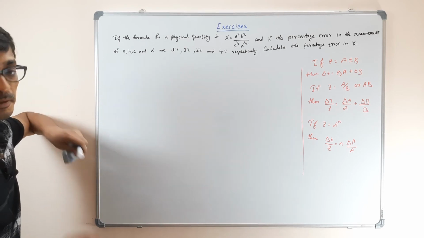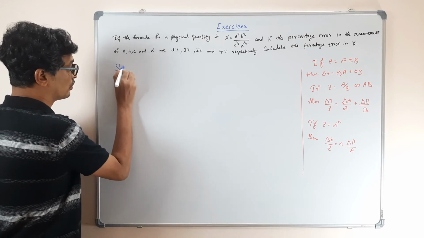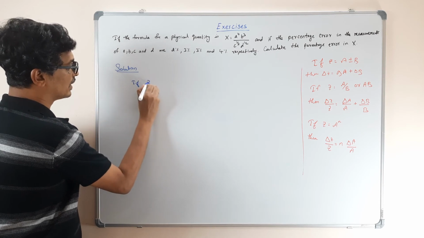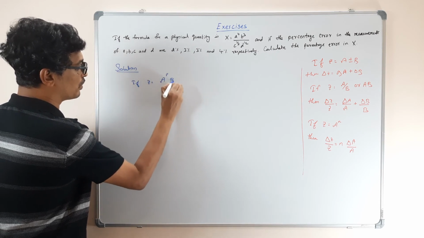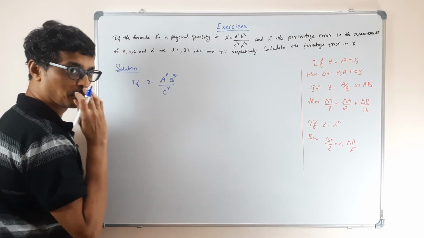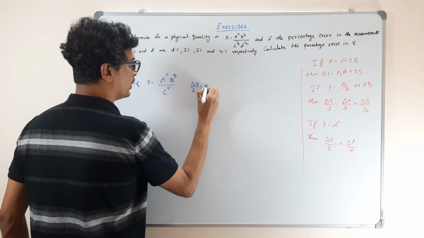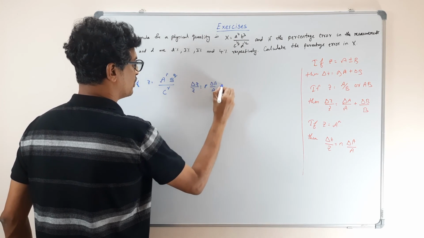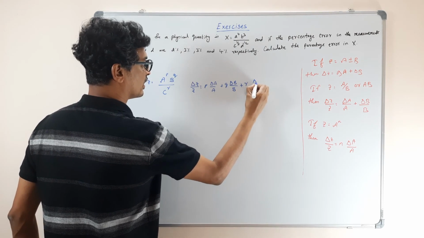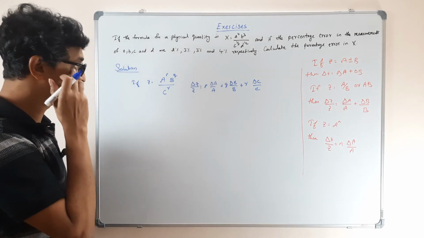If you remember, in one of the lectures we wrote something like that. If z equals a power p, b power q divided by c power r, you remember what was the error we get? Therefore, delta z by z will be p delta a by a plus q delta b by b plus r delta c by c.